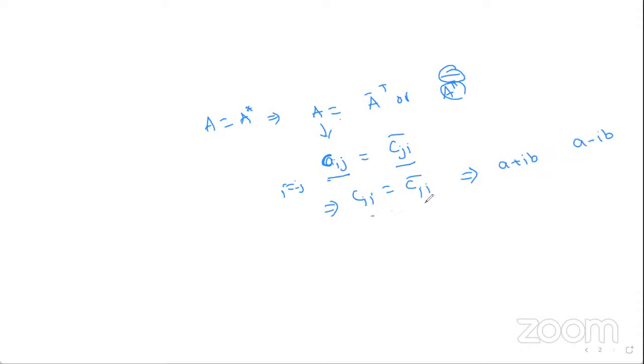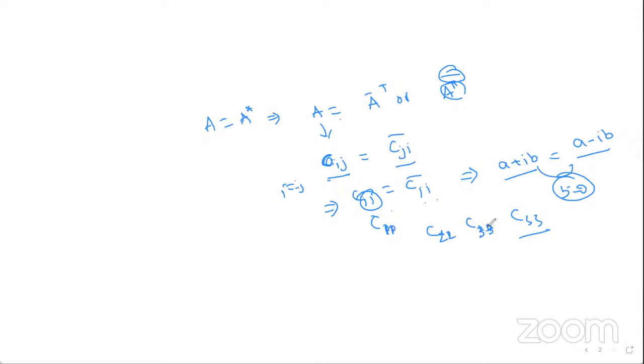We are saying that Cii equals Cii conjugate, which means a plus ib should be equal to a minus ib, which basically means b should be equal to 0. Cii represents the diagonal elements, I mean C11, C22, C33 and so on.